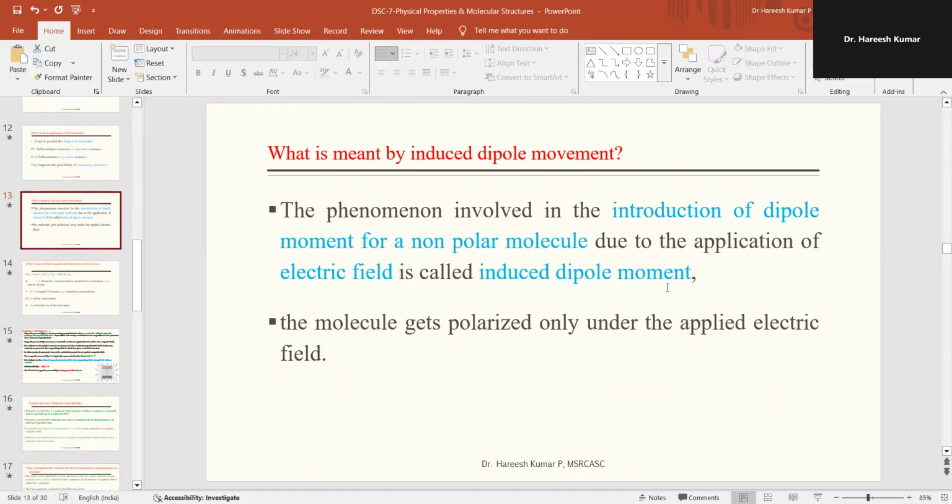What it means is we are inducing a dipole moment in the non-polar molecule in the presence of an electric field. This is called induced dipole moment. The molecule gets polarized only under an applied electric field.